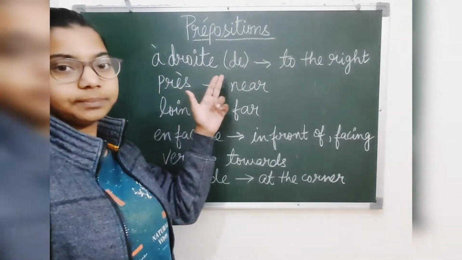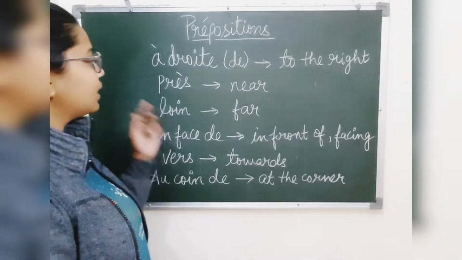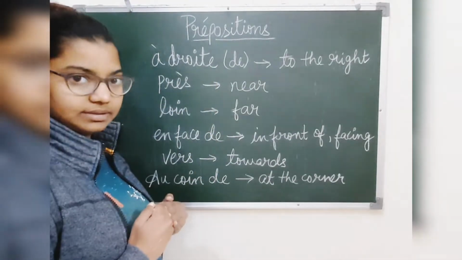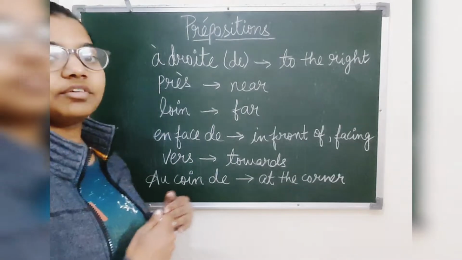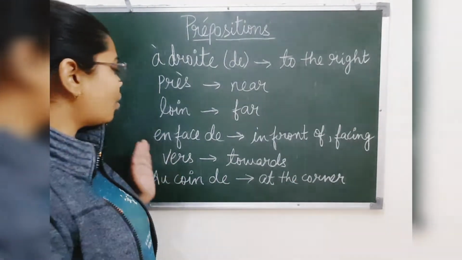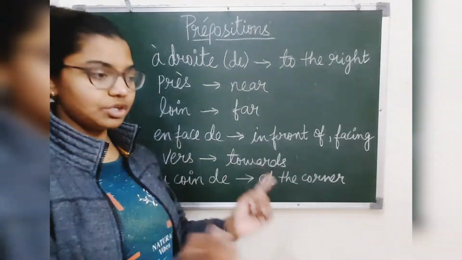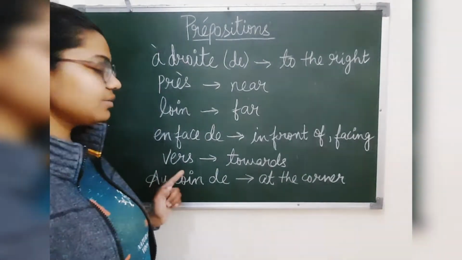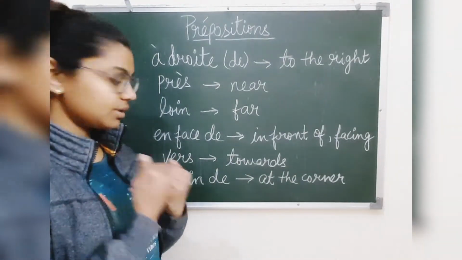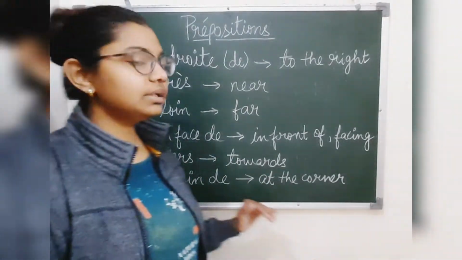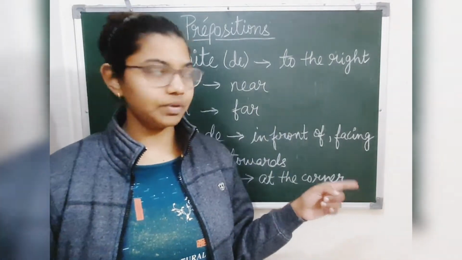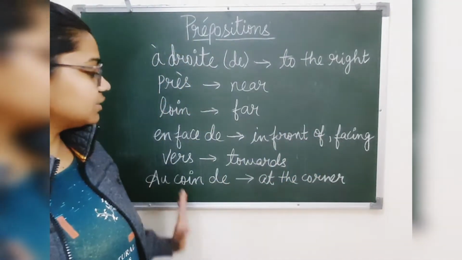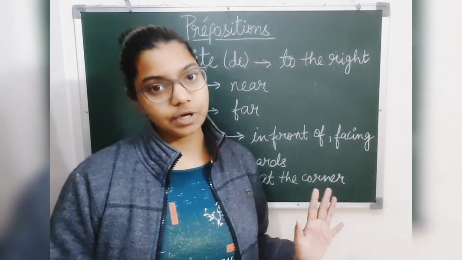À droite, to the right. Près, near. Loin, far. En face de, in front of. Au coin de, at the corner. Okay, so these are the prepositions in French.